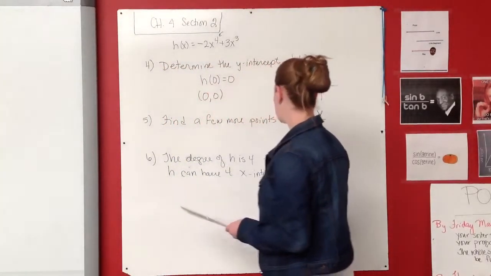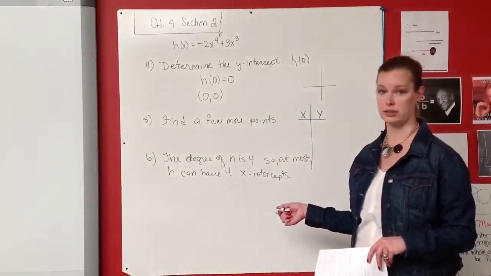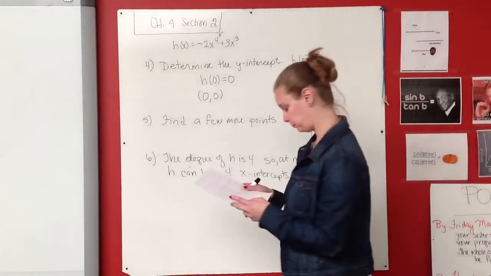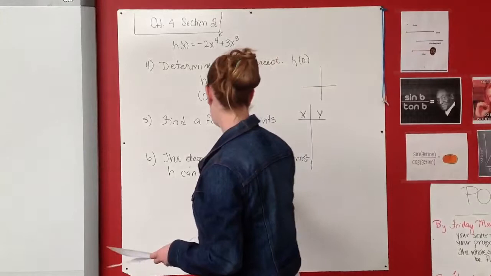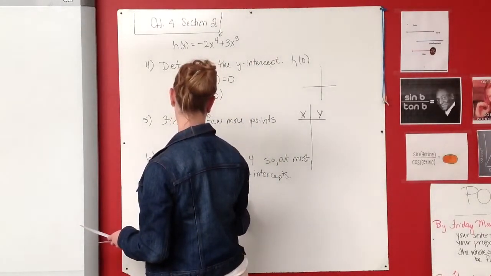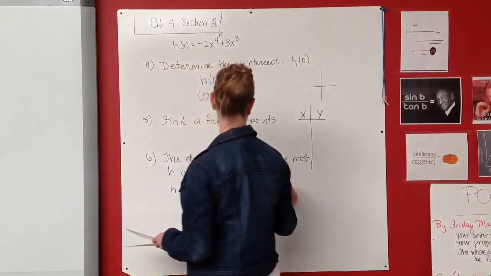We've already determined that in this particular function, h only has 2 x-intercepts, but it could have had 3, it could have had 4, but no more than 4. And with that in mind, that means that h can only have a maximum of 3 turning points.